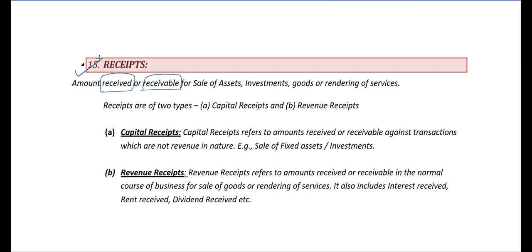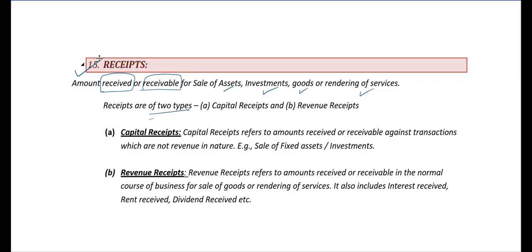Amount received or receivable for sale of assets or sale of investments or sale of goods or for rendering of services. So when you sell assets or investments or goods or you render some service, any amount which is actually received or yet to be received, which is receivable, is referred to as receipts.